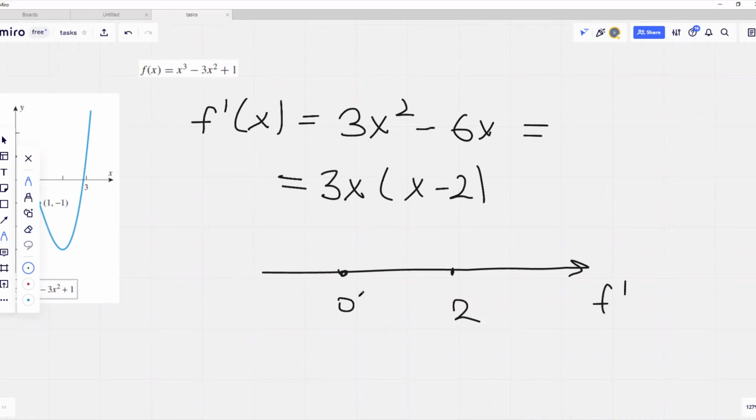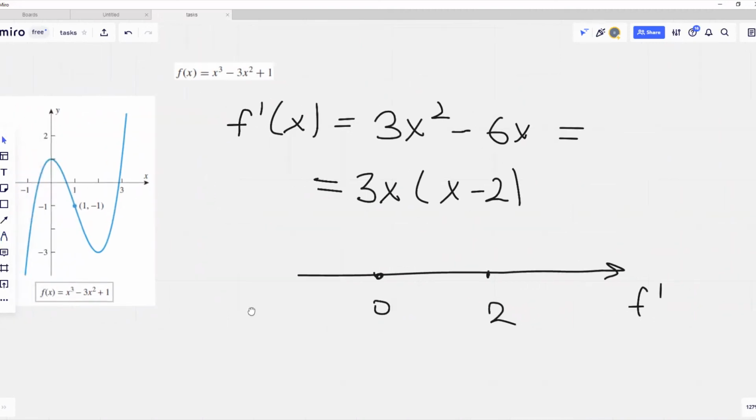Now let's find intervals where f prime is positive or negative. If we substitute plus infinity here, this is plus, so it's plus on the interval from 2 to plus infinity. The multiplicity of the roots here is 1, so the sign will alternate.